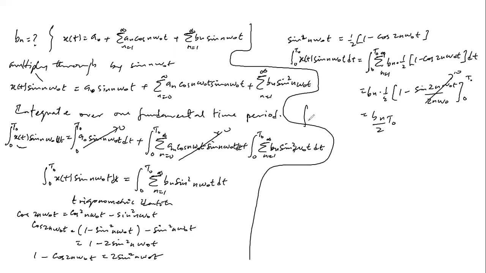So it means that the integral from 0 to t naught of s of t sine n omega t dt is equal to this.